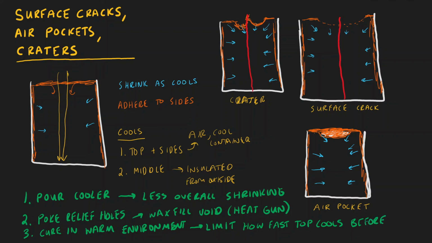This is important because if we can get the top and the middle to cool at a closer rate, then we can limit exactly how much shrinkage happens after the top has already cooled. And this can help with surface cracks, air pockets, and craters. But overall, that's the theory behind why that happens.